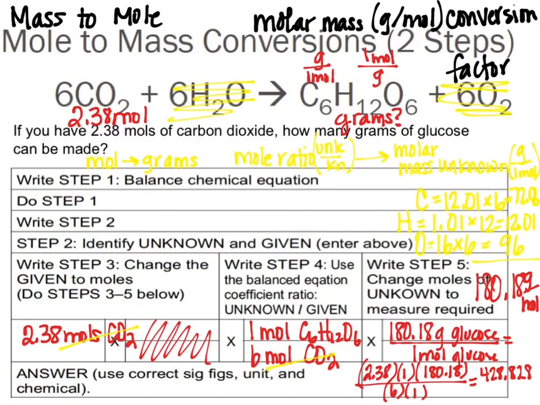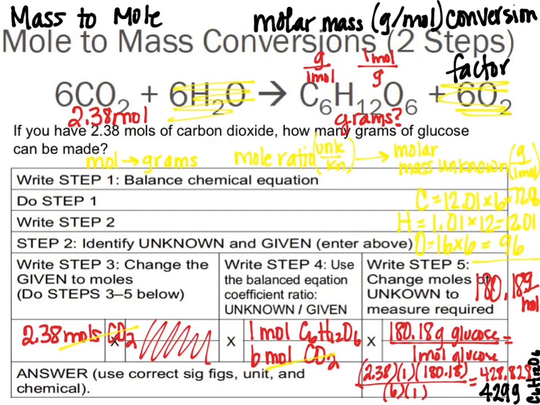Okay, so now we go back to the question, and we see that we have 3 significant figures. So my answer in 3 sig figs is 429 grams of C6H12O6.